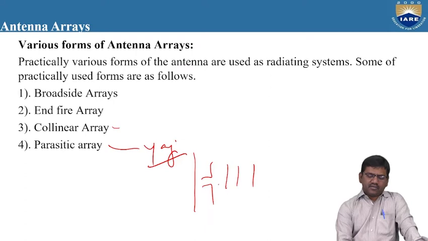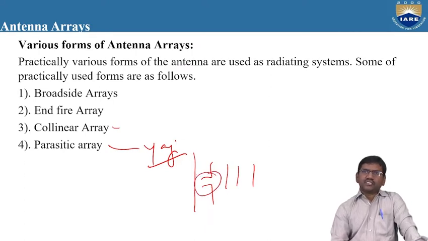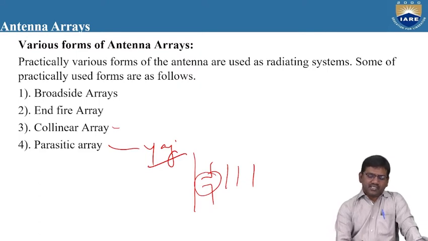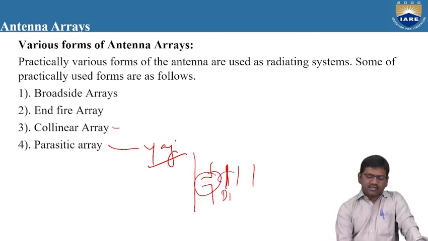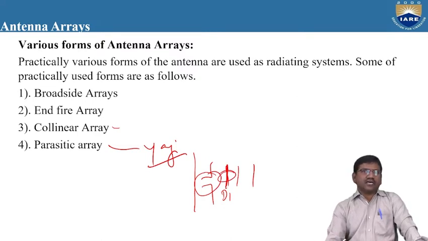That means some amount of field strength is produced around this. Due to the field strength produced by the dipole antenna, current is induced in this. Some amount of current is induced in the director D1. As the current is induced, again around D1, some flux is generated, circulated around the director D1.